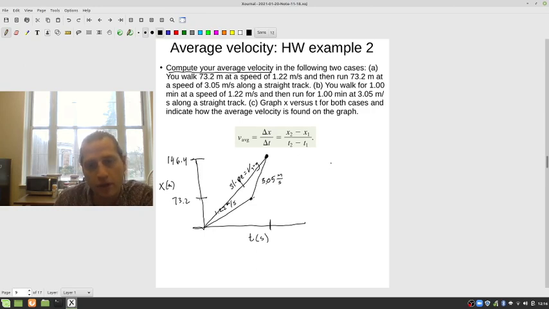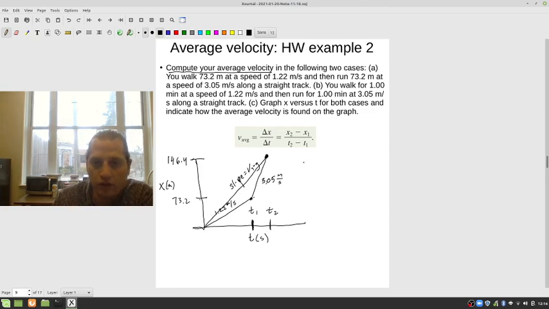All right, but I don't have this time. Let's call that T1. And I don't have that time. And so it's going to be hard for me to go ahead and actually find that average velocity.